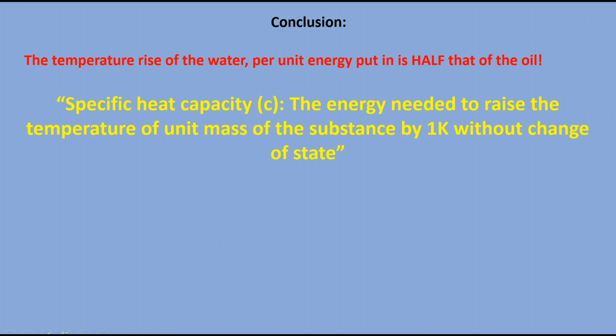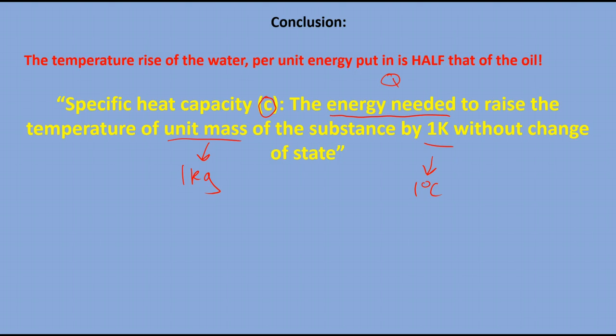And this helps us define the specific heat capacity of a substance. We denote it with a little c, be careful it's not the speed of light. And the wordy definition that you need to learn is that the specific heat capacity of a substance is the energy, Q, that you need to put in to raise the temperature of a unit mass, or 1 kilogram, of the substance by 1 Kelvin, which is the same as 1 degree C, without changing the state of the object.